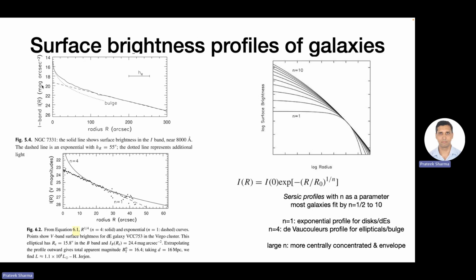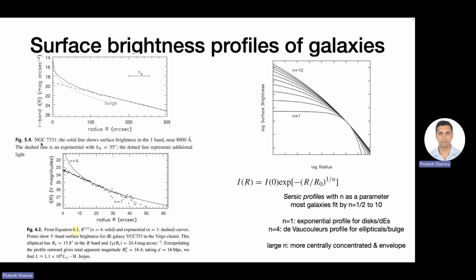The units are magnitudes per arc second squared, right? Remember, this 27 magnitude per arc second squared is roughly 1 solar luminosity per parsec squared. So that's a good thing to remember. If you remember that, you can actually convert from one to the other. A more intuitive thing is solar luminosity per parsec squared, but more common is this magnitude unit. And last time we showed that this 27 and solar luminosity per parsec squared are sort of mapped to each other. So let's look at this surface brightness profile.